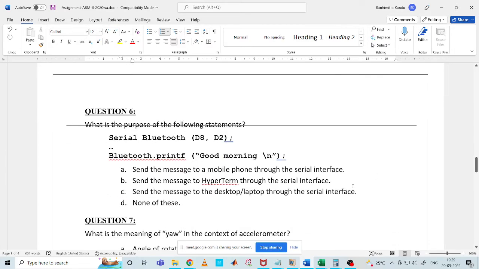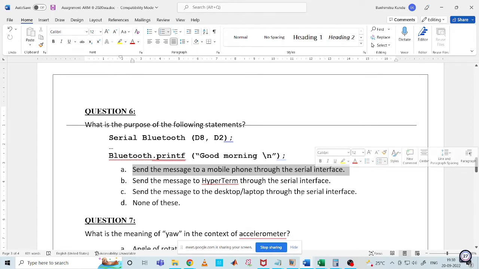Question 6. It should be none of these. None of these is the first option, right? In the first option, a few pieces of information are missing.